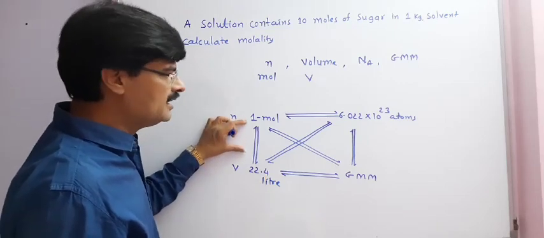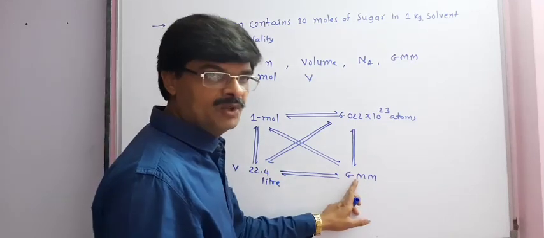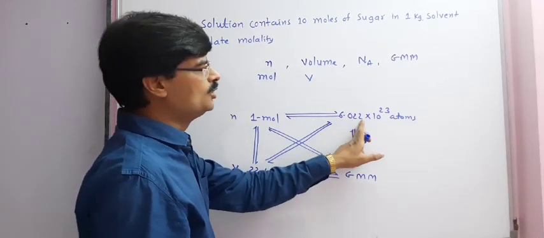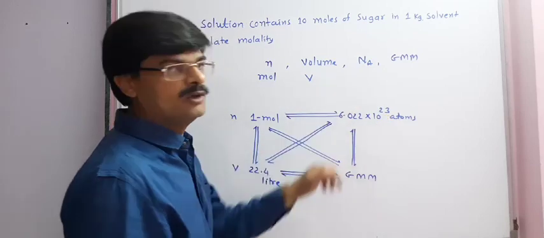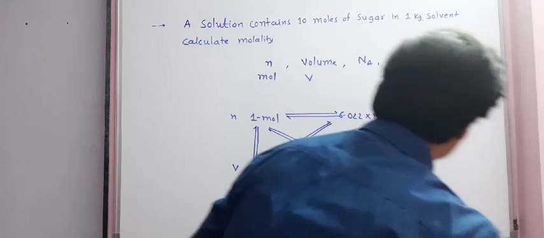So, there is the interrelationship between N, V, G, M, gram molar mass, and 6.022 into 10 raised to 23, that is Avogadro number. Now, we understand this numerical.